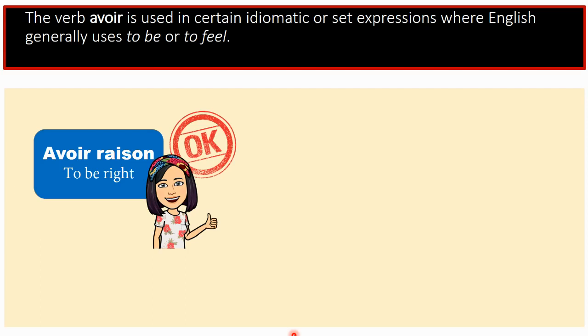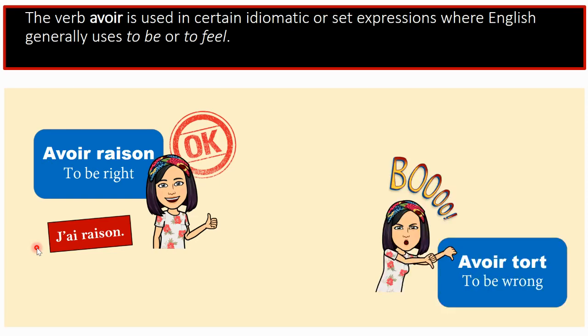For example, to be right in French is avoir raison. Here's an example. J'ai raison means I am right. The opposite of it, avoir tort. J'ai tort. I am wrong.